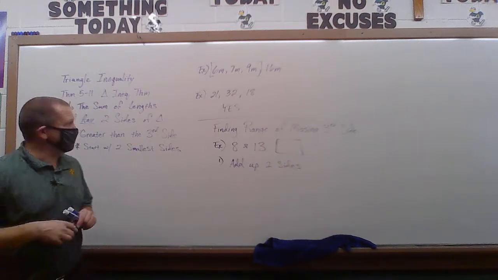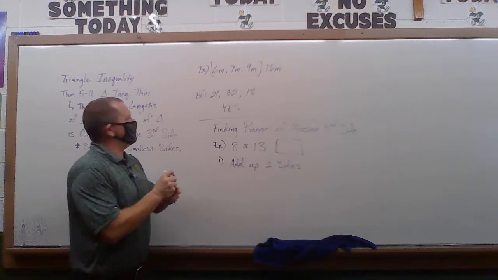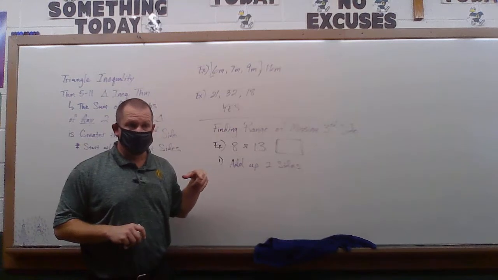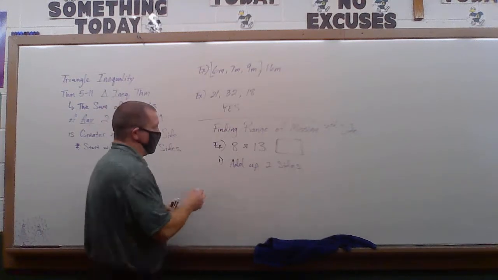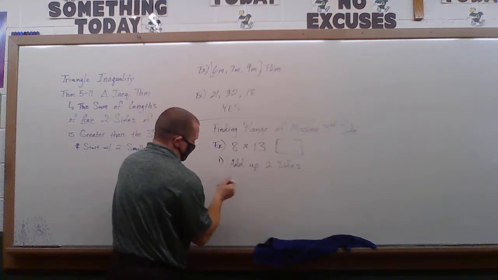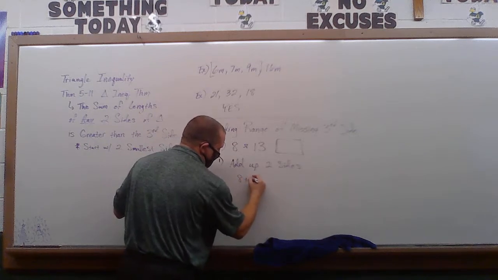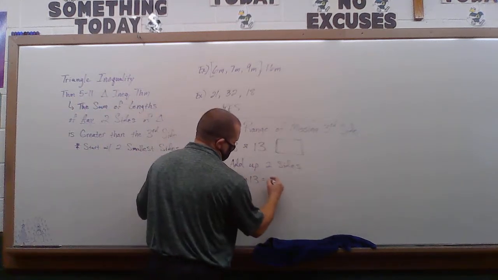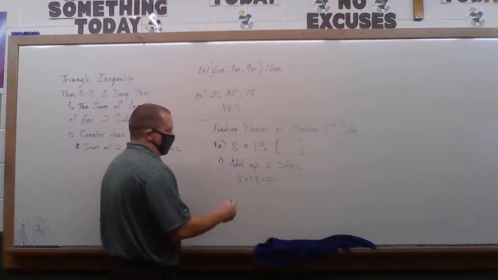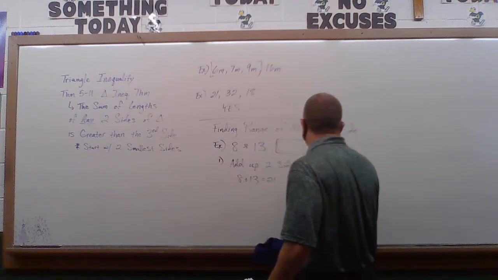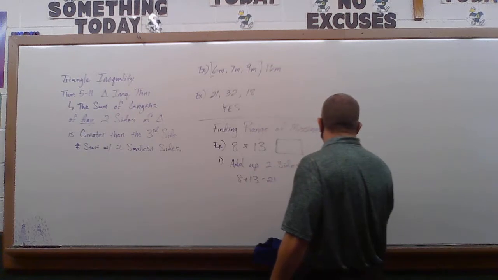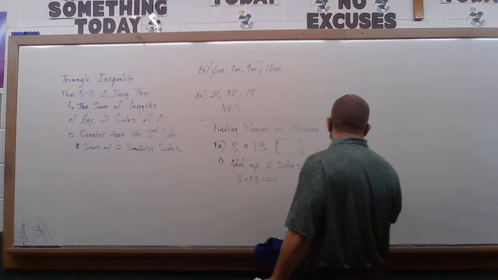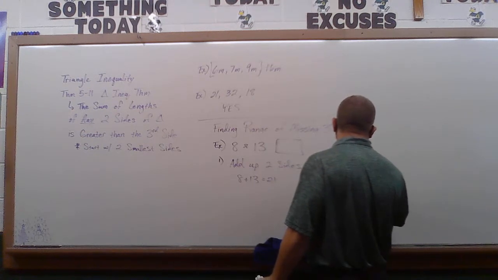And what did we say over here? Two of the sides has to be what to the third side? It's got to be bigger. So I'm going to add up these two sides. You're going to take 8 plus 13, or whatever they give you in the problem. So we get 21. And we're going to add up the sides and put it greater than the variable that you made up.